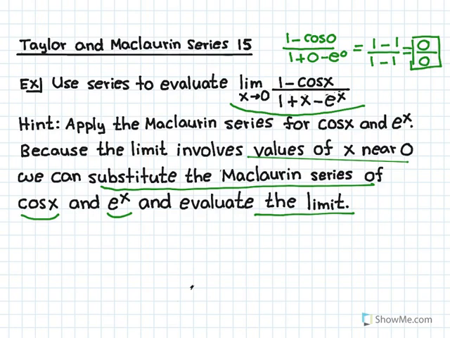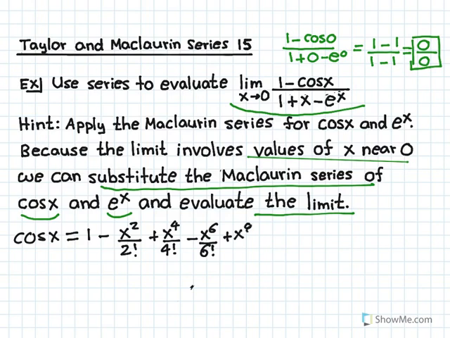So let's start with the Maclaurin series of cosine x. Cosine x is equal to 1 minus x squared divided by 2 factorial plus x to the power of 4 divided by 4 factorial minus x to the power of 6 divided by 6 factorial plus x to the power of 8 divided by 8 factorial, and so on.